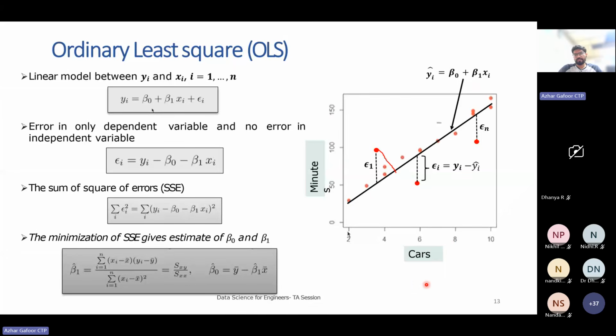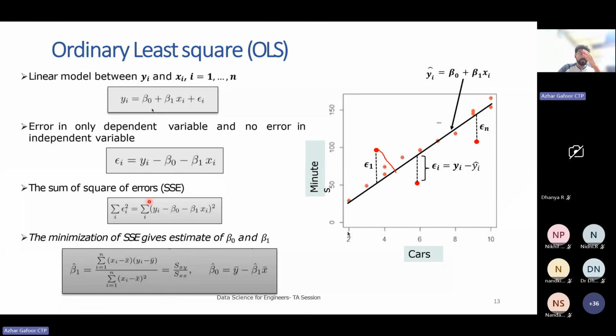We know cars is the independent variable in this case. So we are certain of the number of cars that we have, but we are uncertain of the time that is needed for the service to complete. So the error is calculated from the actual point: we put the xi in the line and subtract. That defines the error.